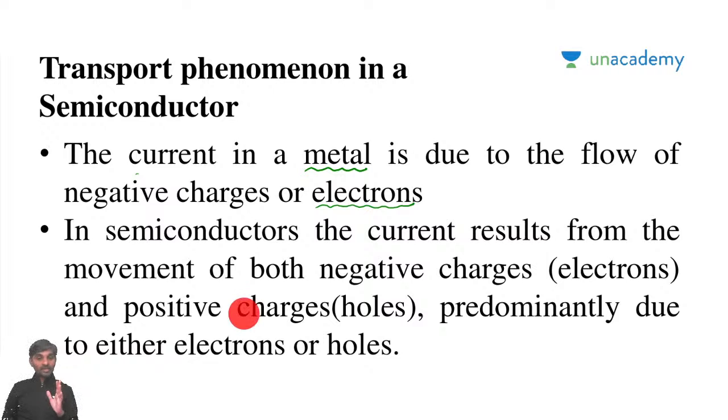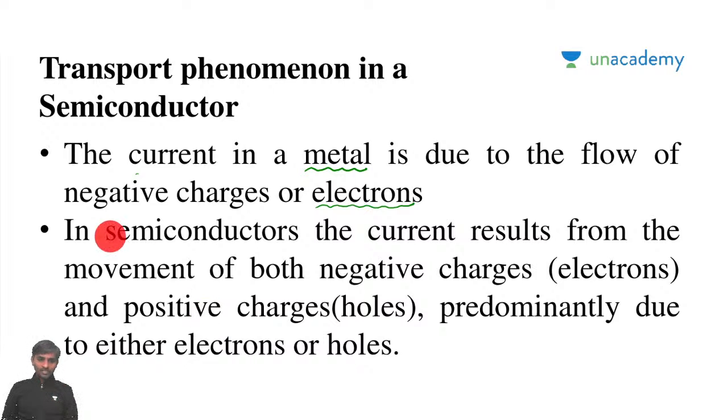I'll let you know later why a hole is called positive and why an electron is negative. In our previous class we came to the conclusion that the charge of an electron is negative. But now assume that the charge of a hole is a positive charge.